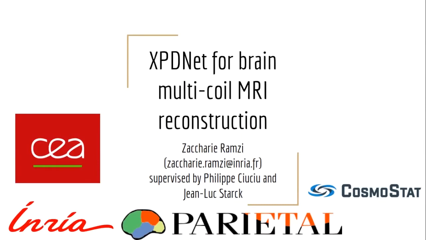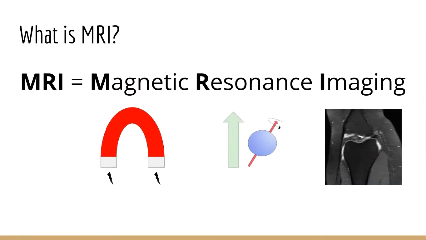So today we'll speak about the XPDNet for brain multicoil MRI reconstruction. And I will first start by trying to summarize in 3 pictures what is MRI. So you may be familiar with it. It's basically the scanner you use when you have a problem with your head or with your knees.